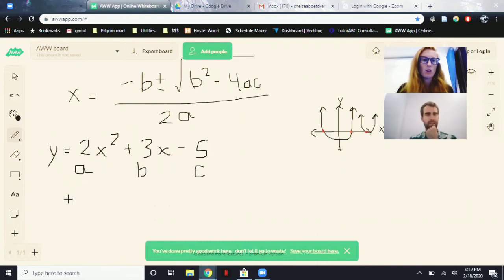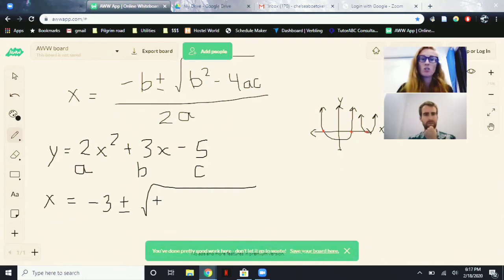Okay. So x equals, now I'm going to start plugging things into this formula up here. x equals negative b. What number will I put for b? 3. Right, very good. Plus or minus the square root of b squared. So we'll put 9.